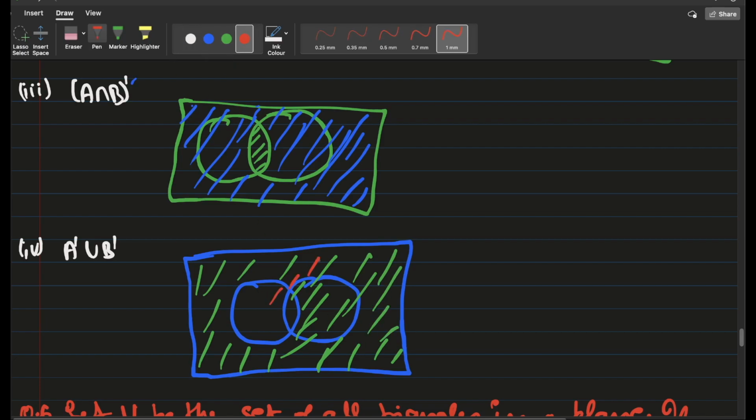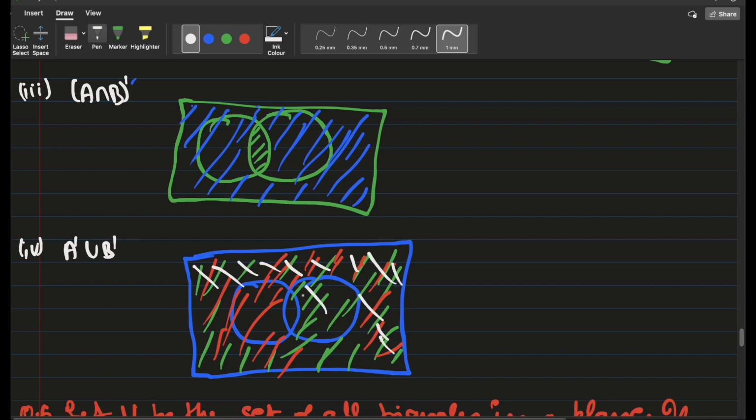Which is not present in B. Now we have to make the union of these two. So it will contain this whole part except this, because it did not come into the picture. So what will be our final answer? This whole area except the intersection part.